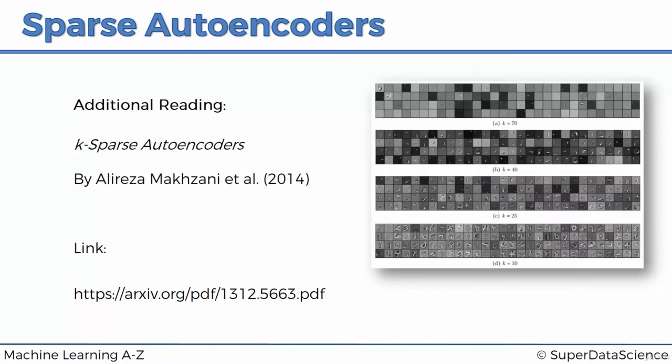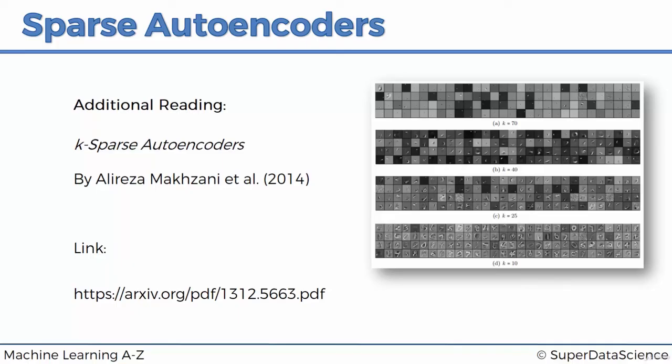And finally, a very strong, powerful, heavy artillery paper on sparse autoencoders. It's called K-Sparse AutoEncoders by Alireza Makhzani, 2014. It takes this whole sparse autoencoder concept to a whole new level, where it talks about a parameter K, which allows you to control the sparsity of the autoencoder.